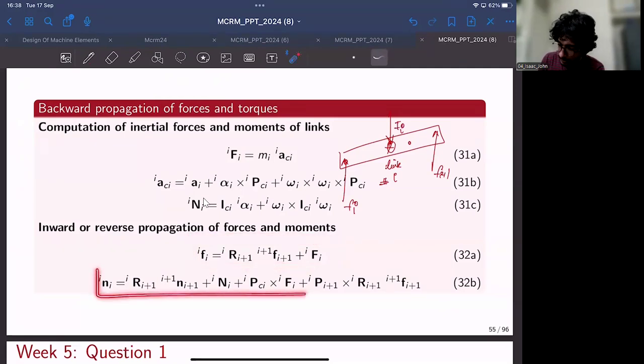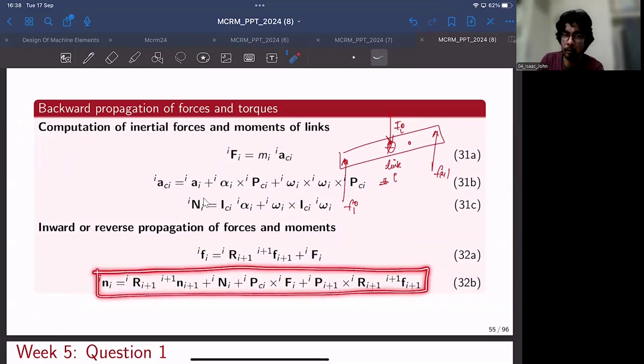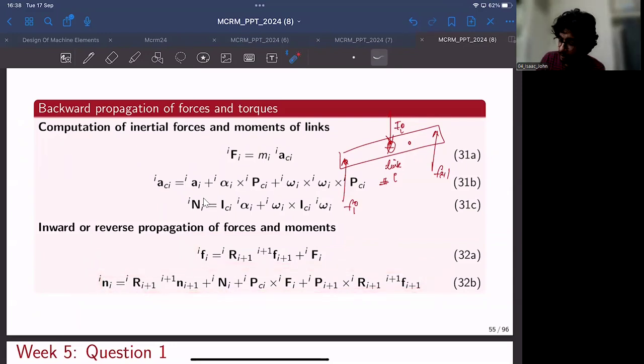And a similar thing can also be said about the moments, because this force will exert a moment, that is basically this term. This linear inertial force will also exert a moment, that is this term. Then you will have this inertial moment from this equation, that is over here.